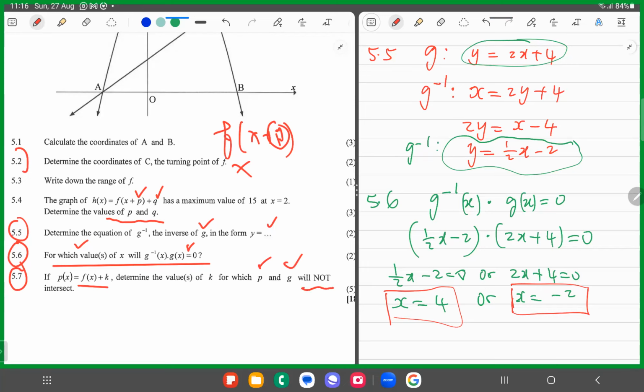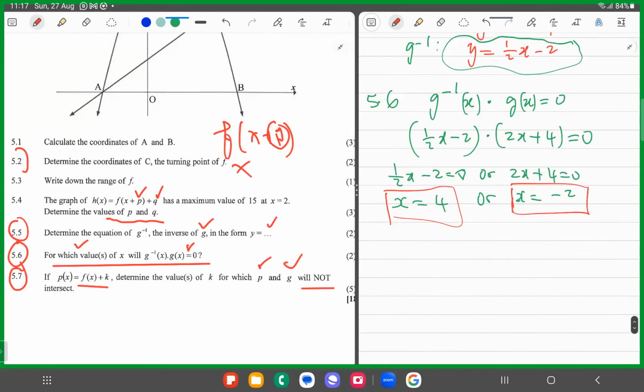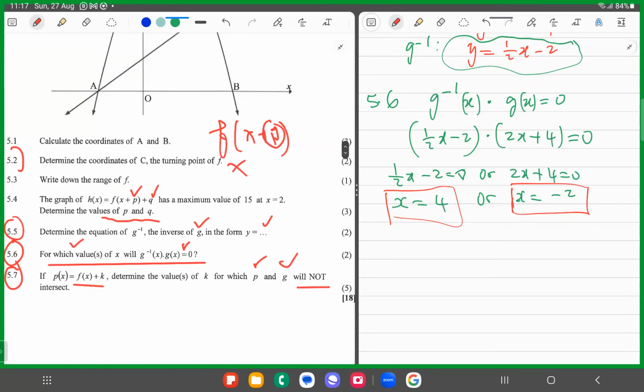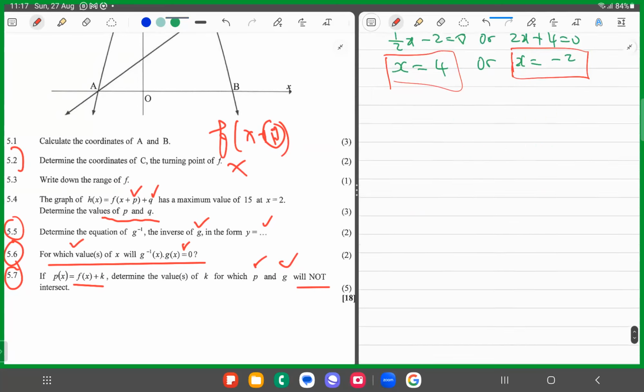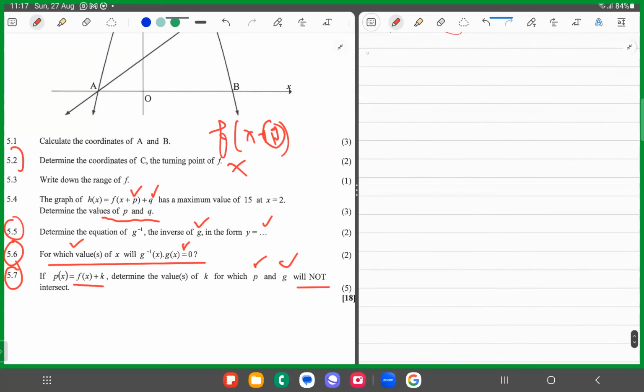Will not intersect. Right, 5.7. The marks are 5 of them. So let's see. Right, so 5.7 is a very interesting one. Look at the examiner playing little tricks.